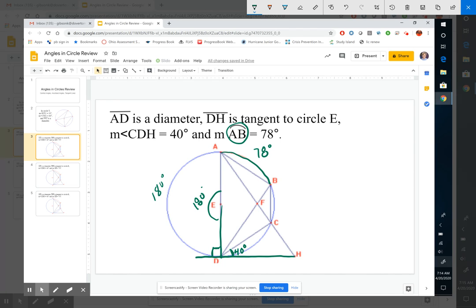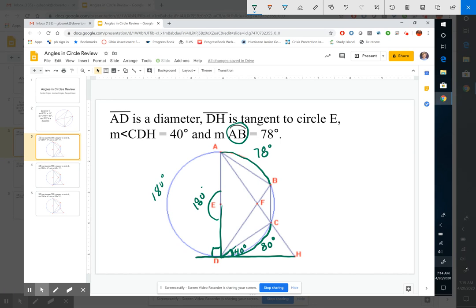Now, how do we use this? Well, this first one, 40 degrees right here, that angle is actually on the circle. So even though this line comes outside the circle, that angle is part of the tangent there, and it cuts off this arc. So that would be 80 degrees because you double it from this angle.